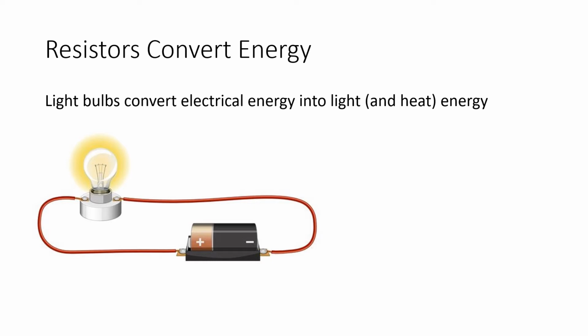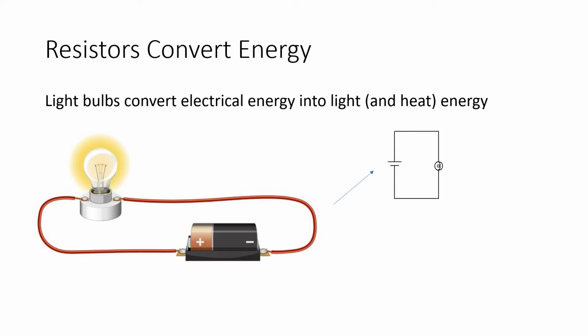You've probably touched an incandescent light bulb at some point in your life and said, ow, that's hot, okay? Thermal energy, all that is taking some of the electrical energy that came from the battery or whatever your power source is and converting it into other forms of energy like light and thermal energy, which we feel as heat.